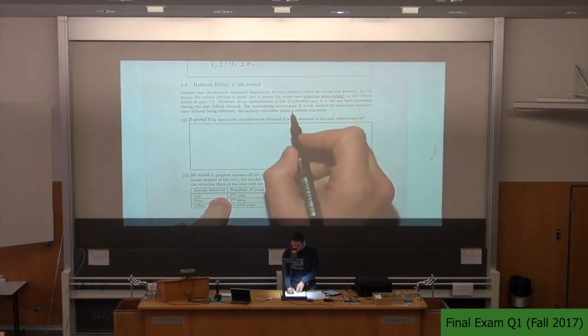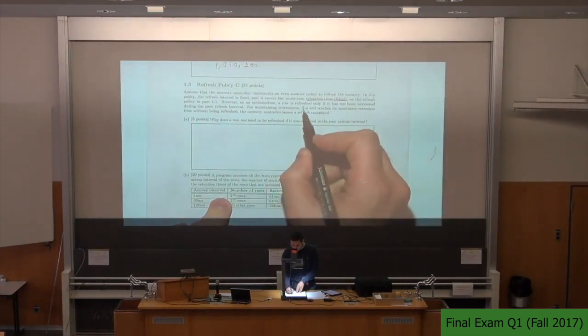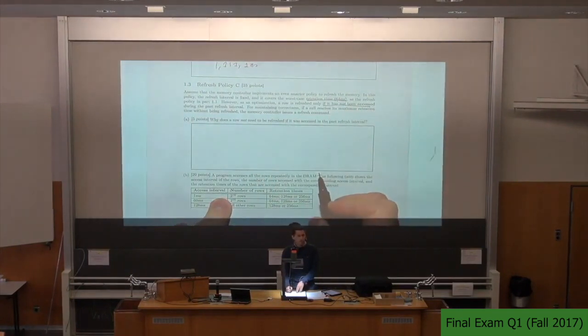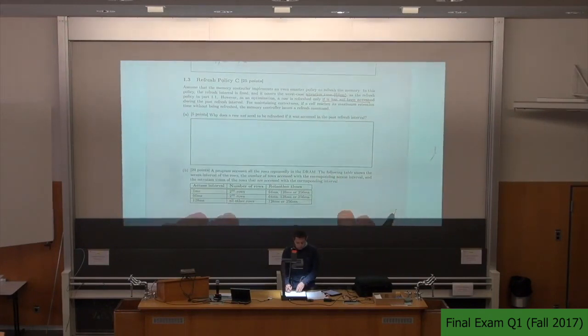The memory controller will only refresh the row if it has not been accessed within that time interval. So if the row is accessed within 64 milliseconds, the memory controller will not refresh it. The first question asks: why is this the case? Why can a memory controller behave like this?